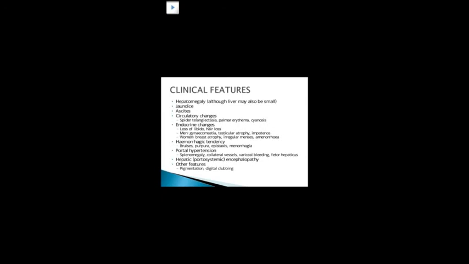A cirrhotic woman has breast atrophy, irregular menses, amenorrhea. There could be bruises, purpura. So splenomegaly, variceal bleeding, fetor hepaticus, hepatic encephalopathy. So pigmentation, digital clubbing will be there.